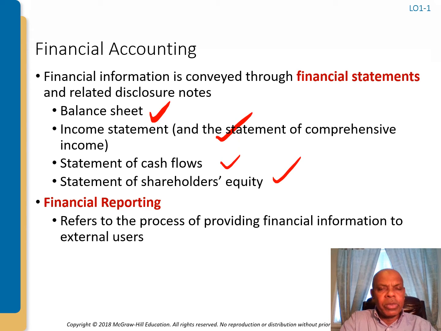So those are a few items that you should provide when you put together financial statements to outside parties, to external users. Financial reporting refers to the process of providing financial information to the external users. We did say that already, okay?